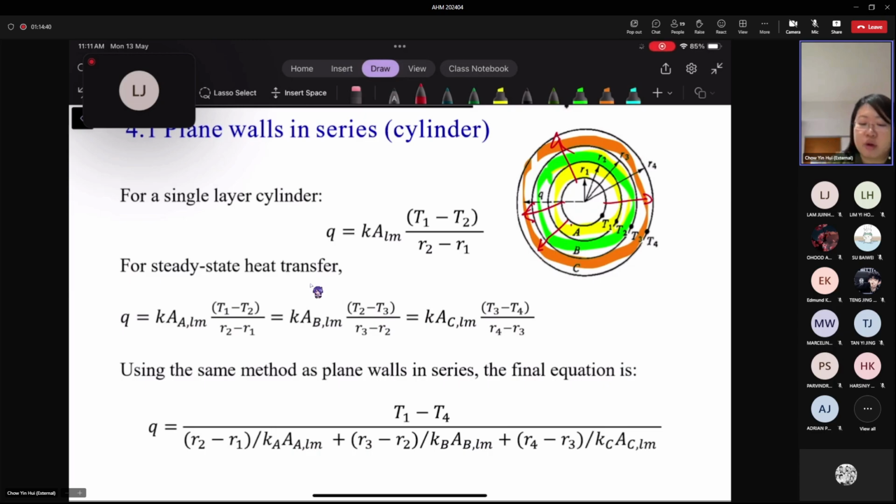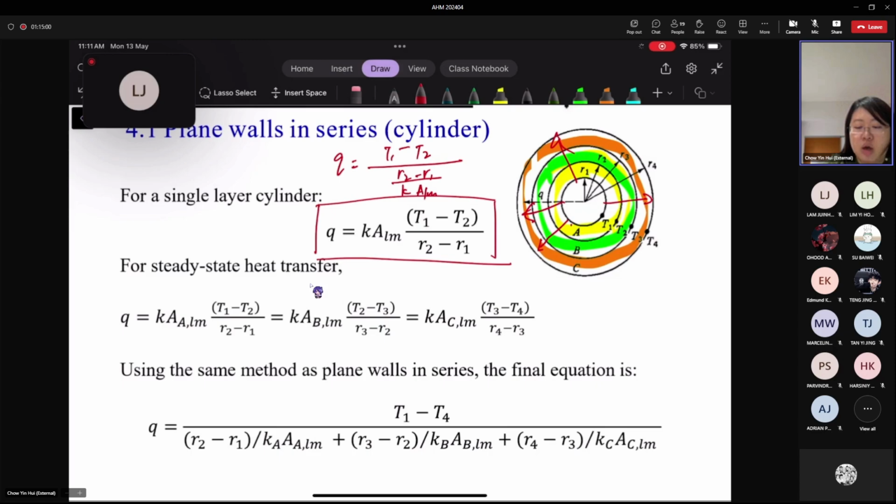If you recall, this is the new formula that we learned this semester. Rearranging it, you have the temperature difference, then R2 minus R1 divided by K multiplied by the log mean area.